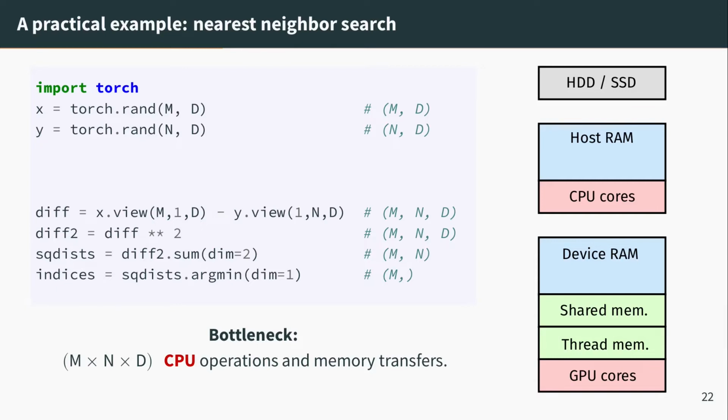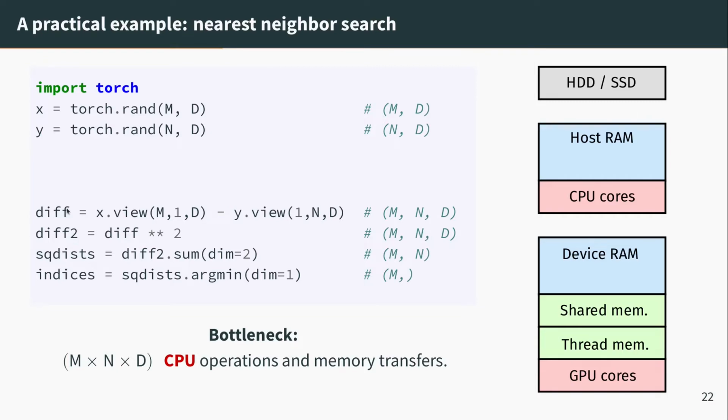I want to compute all pairwise differences between the points x and the points y. So to do this, I add dummy dimensions. I understand x as an M-1-D array, like a 3D array, and y as a 1-N-D array, and then if I write x minus y, Python understands that I want to compute an M-N-D array. Okay? So that's your differences.